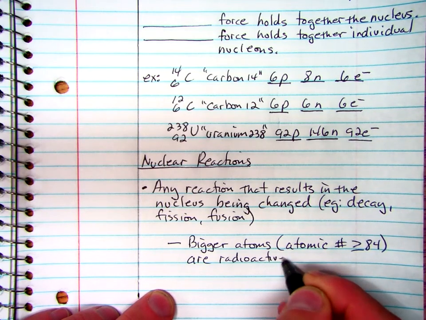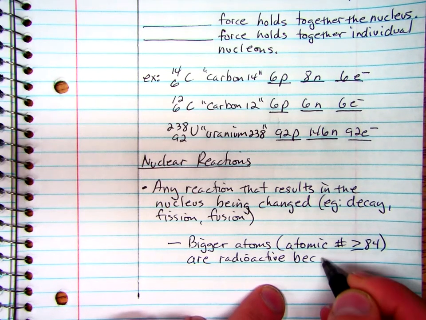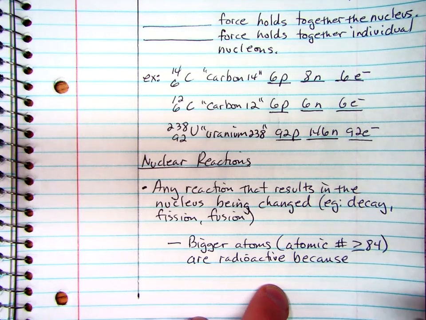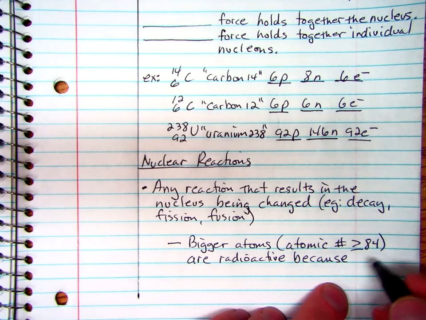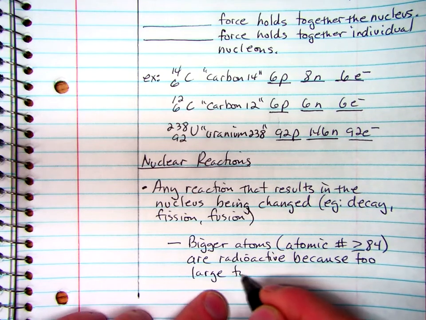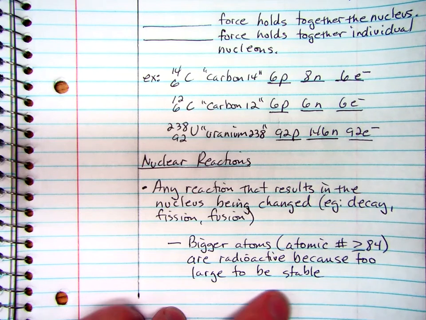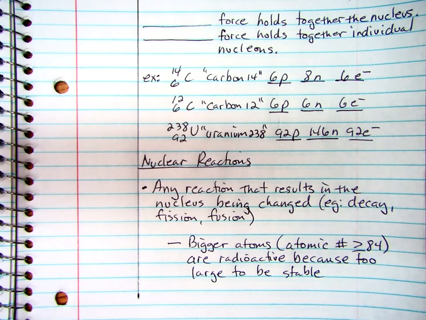They undergo radioactive decay because they are too large to be stable. The nuclear force holding the nucleons together is not strong enough. Other forces, like the electromagnetic force, pull the nucleus apart.